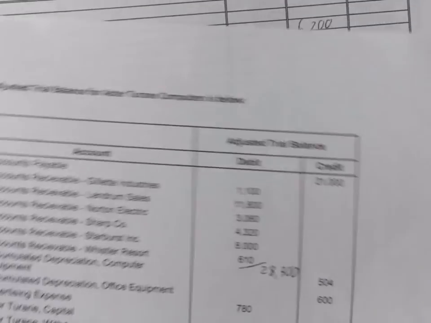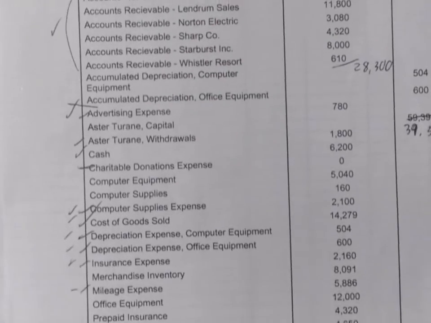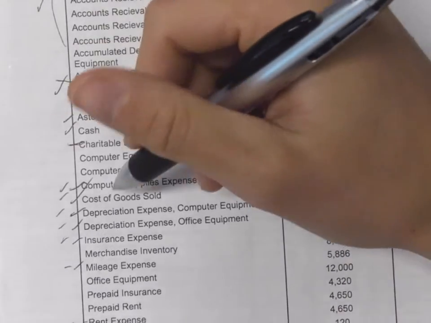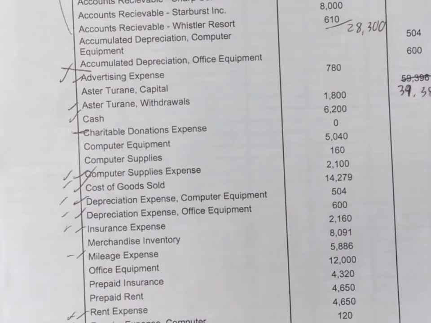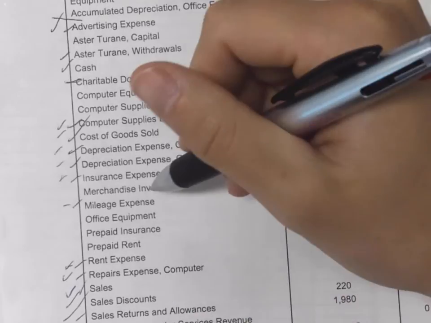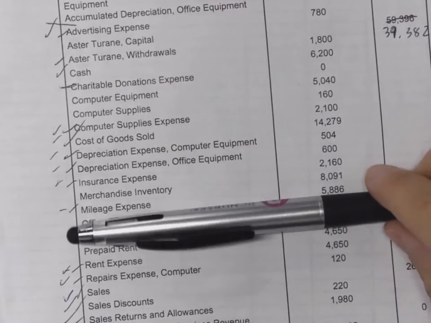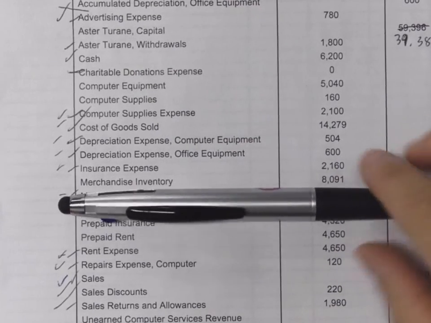Okay, next we should have inventory on here. Where's our inventory sitting at? Merchandise inventory, right there. How much is that for? $8,091.